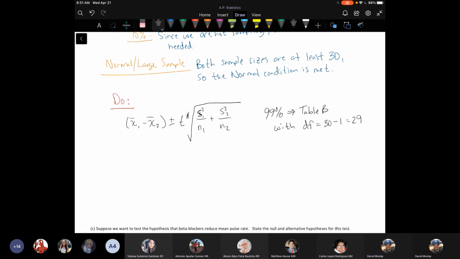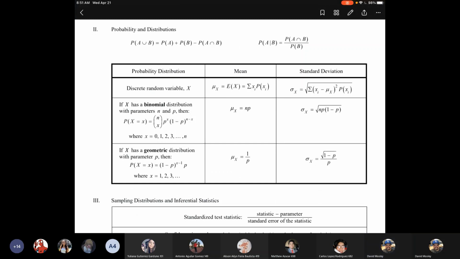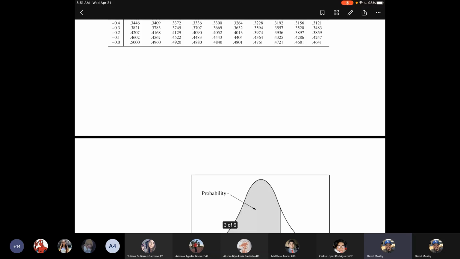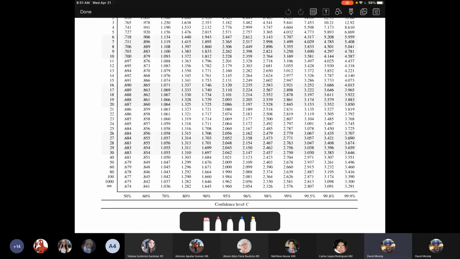So if you're looking at your shared screen, I'm not switching it over on the one at the front of the room, but if you look at the shared screen, we have our resources here. We have table A there, X part. Looking at table B, we find 99% down at the bottom.